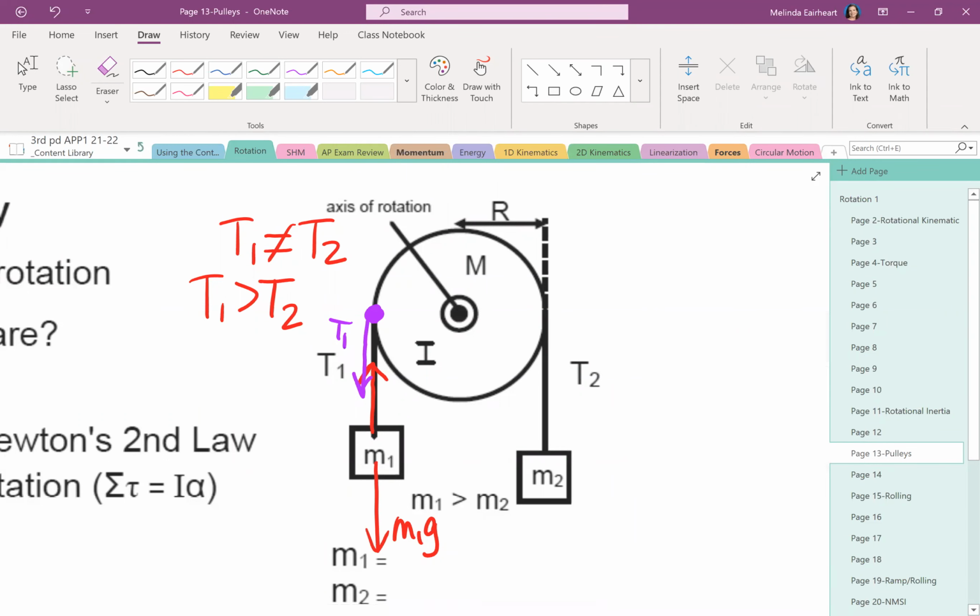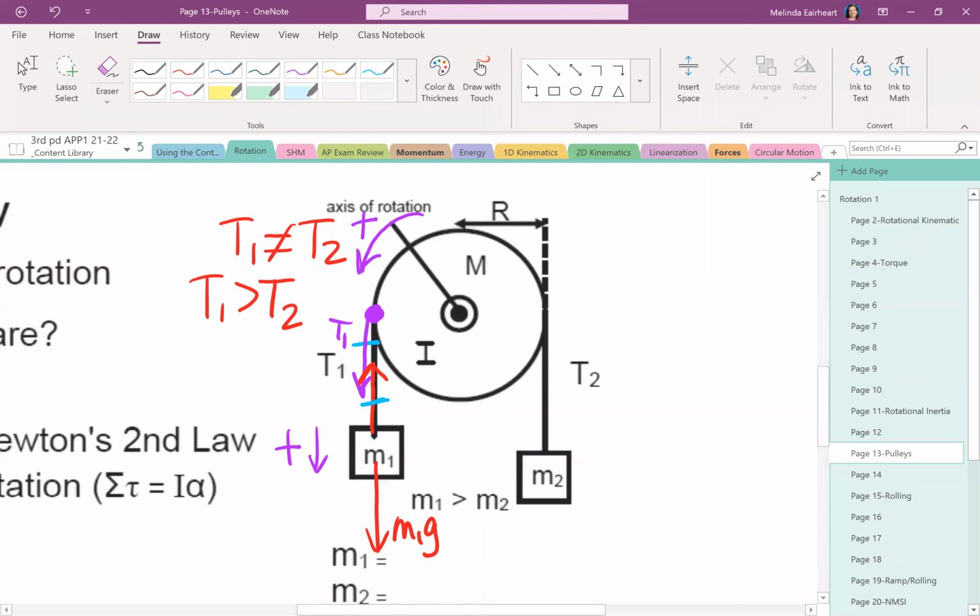So you still have Newton's third law, but it's not left side, right side anymore. So it's going to cause what? Rotation to the pulley. It wants to rotate in the counterclockwise direction here. As M1 goes down, the pulley rotates counterclockwise.